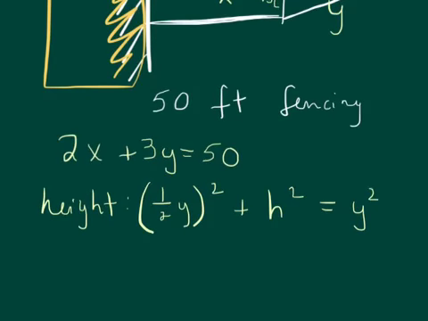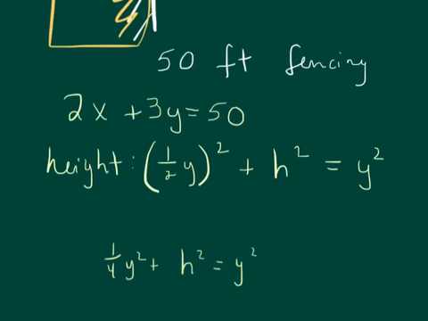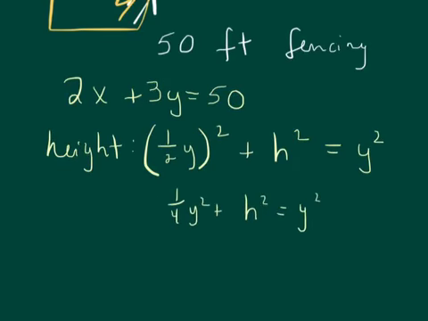So you would get 1/4 y squared over here, yielding h squared, 1/4 y squared, and y squared. Subtract 1/4 y squared from both sides. You're going to get h squared equals 3/4 y squared. Again, 1 minus 1/4 is 3/4.